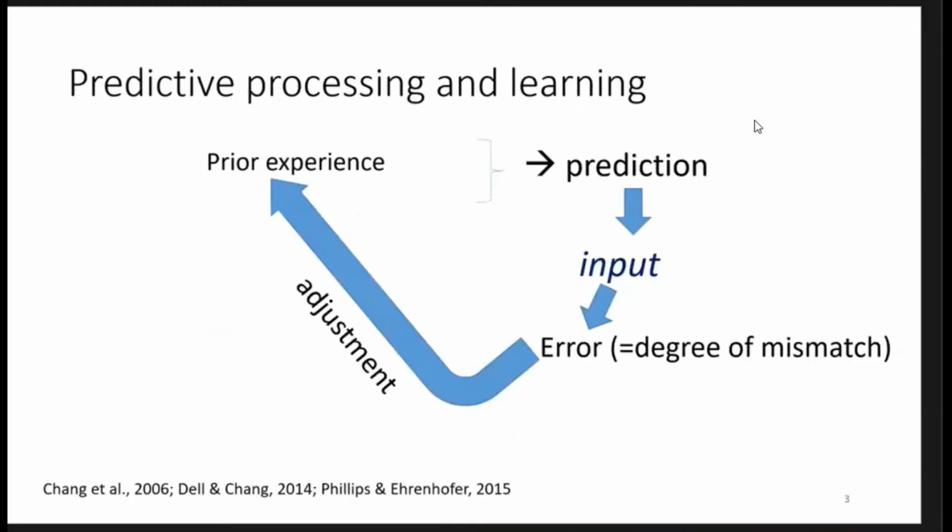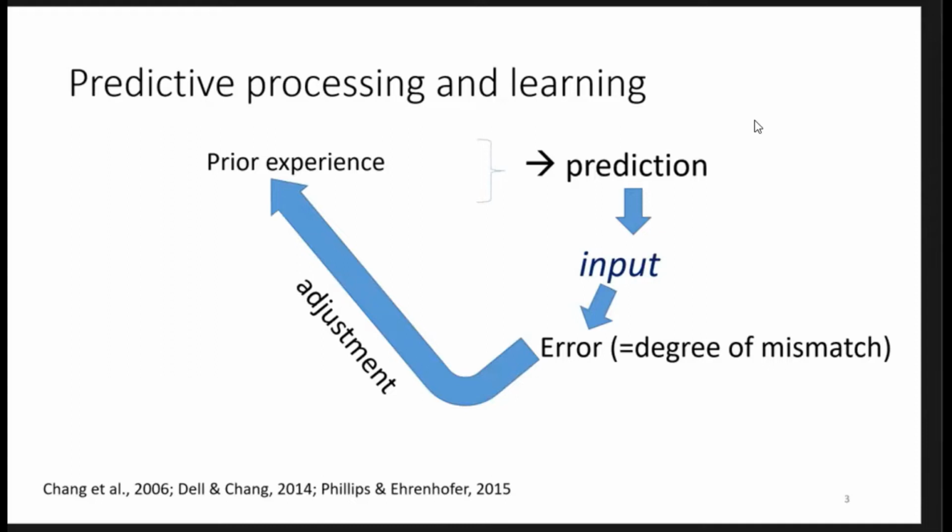So one very prominent and popular proposal is the idea of predictive coding. So the idea is that on the basis of your prior experience, you make predictions as to what is to come next. You compare your predictions against the input. The deviation or the error, the mismatch between your prediction and the input, is what you use to then adjust your experience on which you base future predictions.